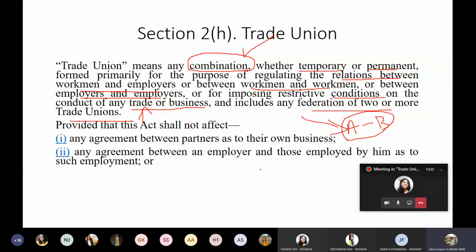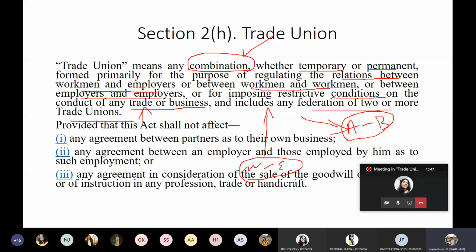Next, an agreement between an employer and those employed by him as to such employment. Suppose there is a service agreement between a workman and an employer, this service agreement should not be affected by forming a union.